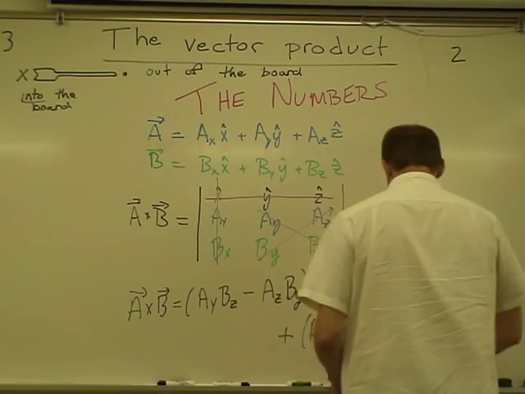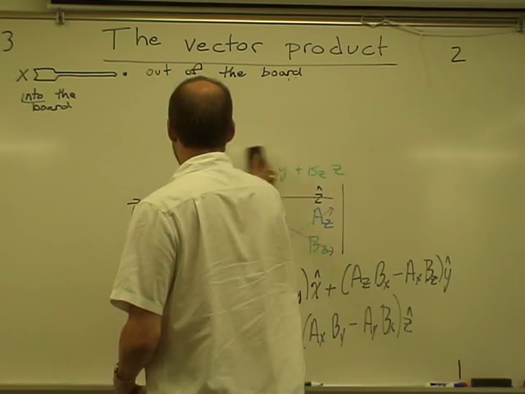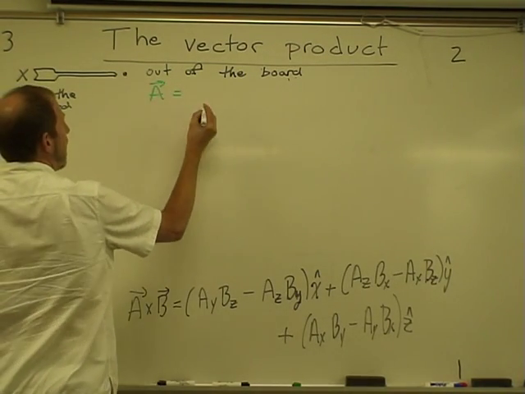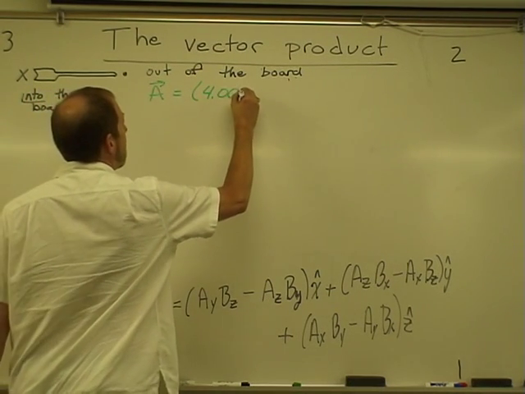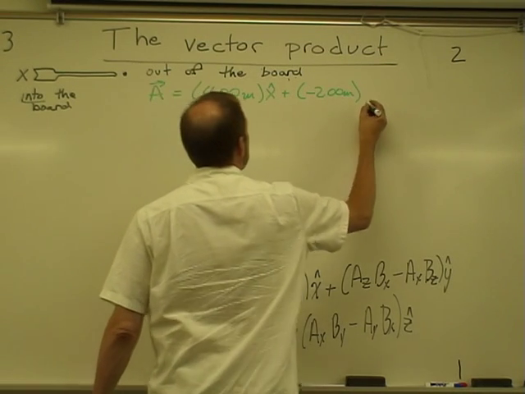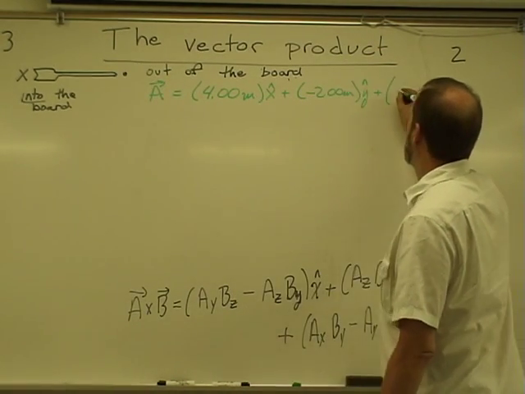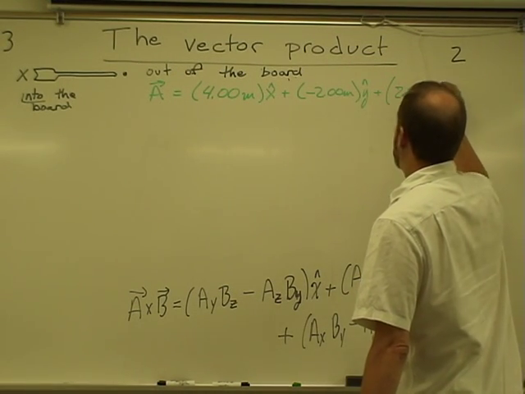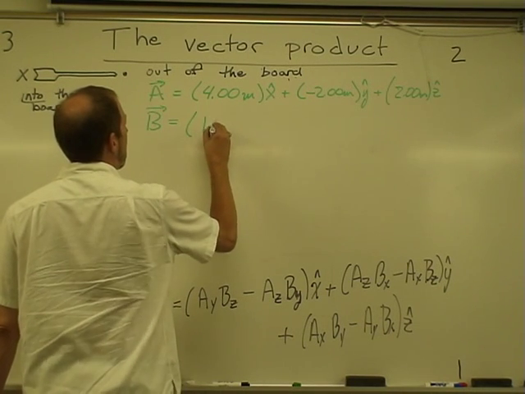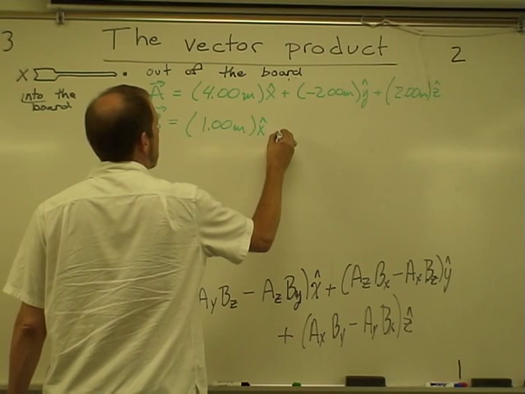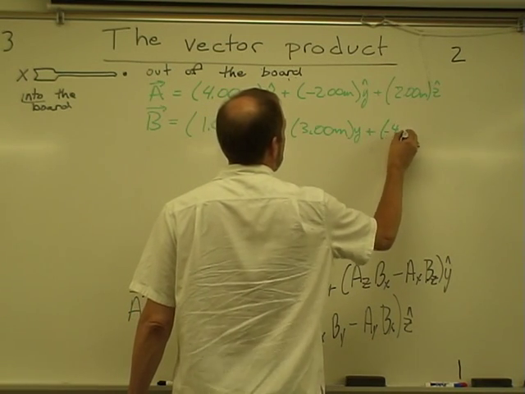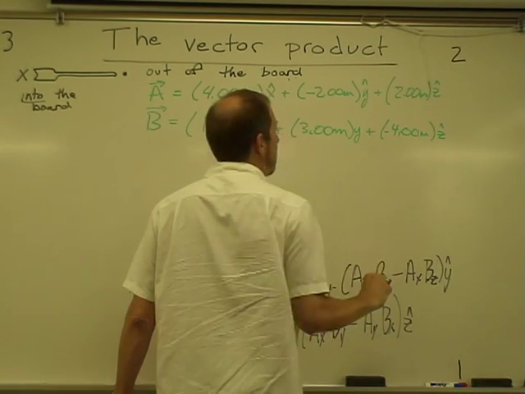Suppose I've got vector A, which is equal to 4 meters in the x direction plus negative 2 meters in the y direction plus 2 meters in the z direction, and I have some vector B equal to 1 meter in the x direction, 3 meters in the y direction, and minus 4 meters in the z direction.